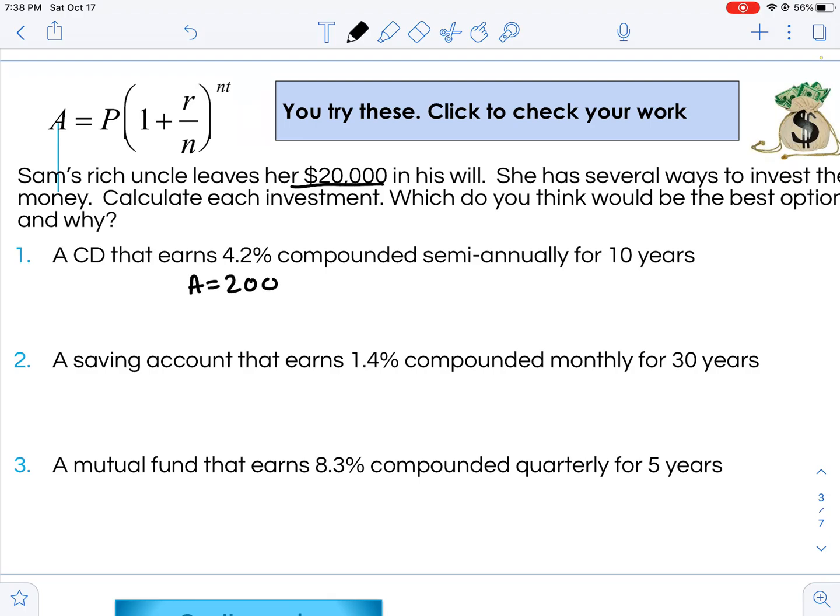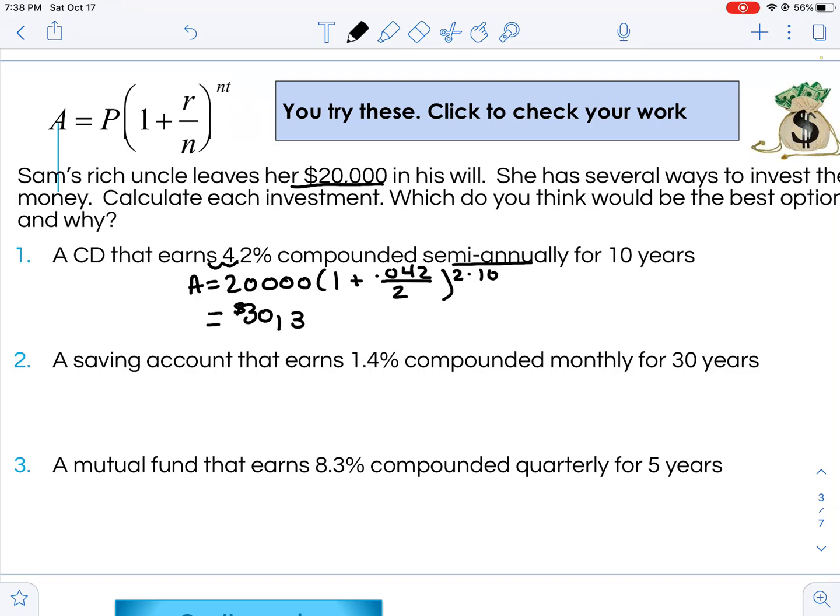So we know we're going to start with $20,000, and this time our rate is 4.2%. So we're going to move that over 2 spaces. Semi-annually, that means 2 times a year she's going to earn interest, and she's going to do that for 10 years.